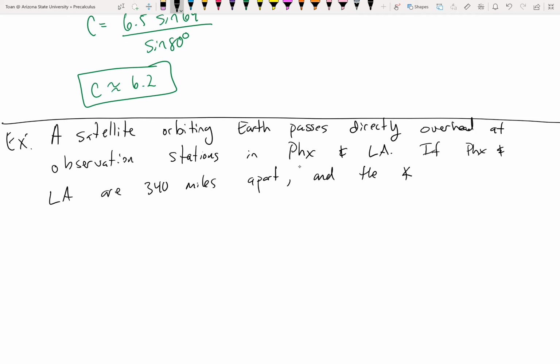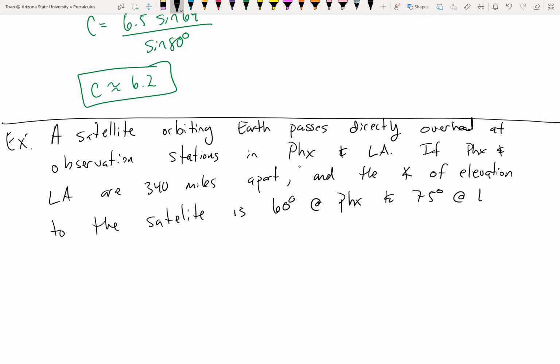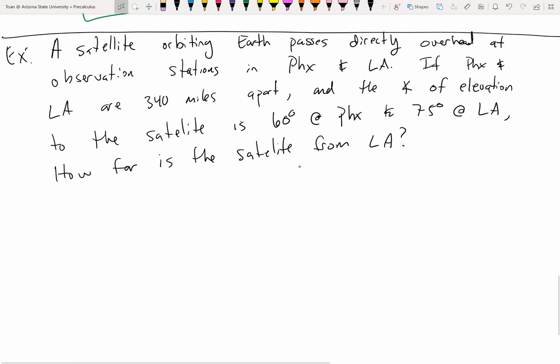And the angle of elevation to the satellite is 60 degrees at Phoenix and 75 degrees at LA. How far is the satellite from LA? Pretty big word problem.